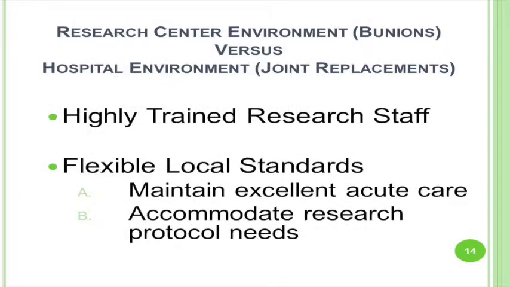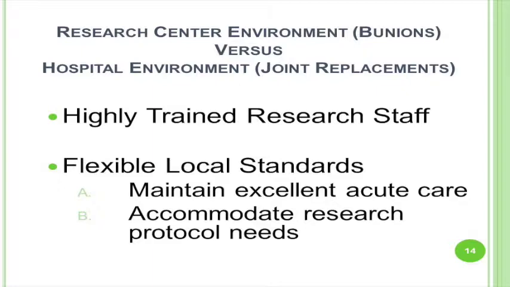In addition, the setting that the research occurs in for bunionectomy versus joint replacement is completely different. Because of the acute medical needs of a joint replacement patient, those subjects need to be in a hospital environment, whereas bunionectomy patients can have their operation at a surgery center, but then be transferred to a highly specialized research unit.